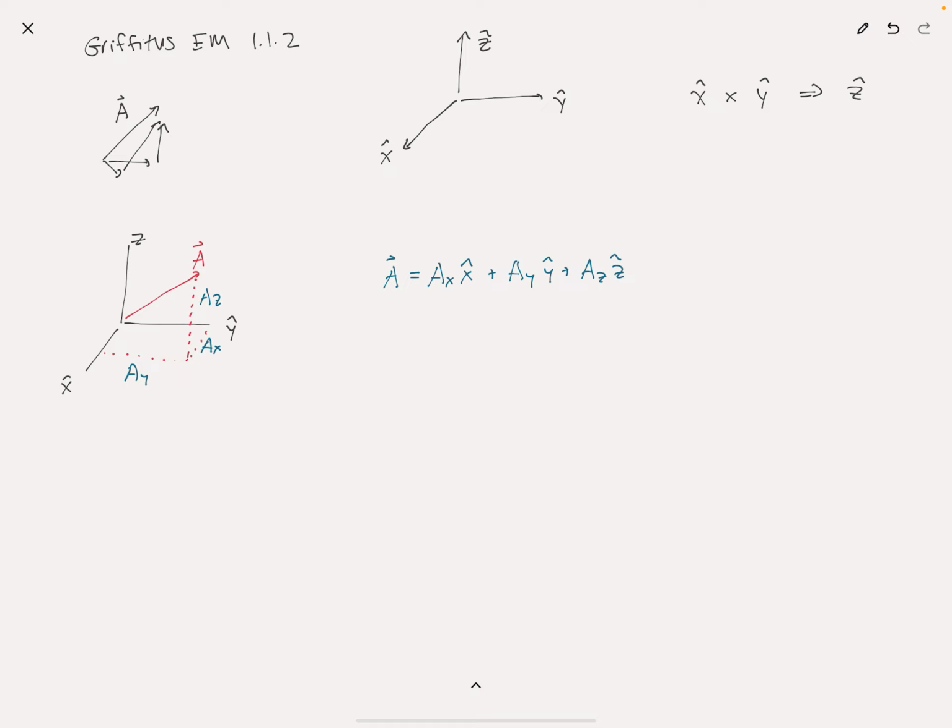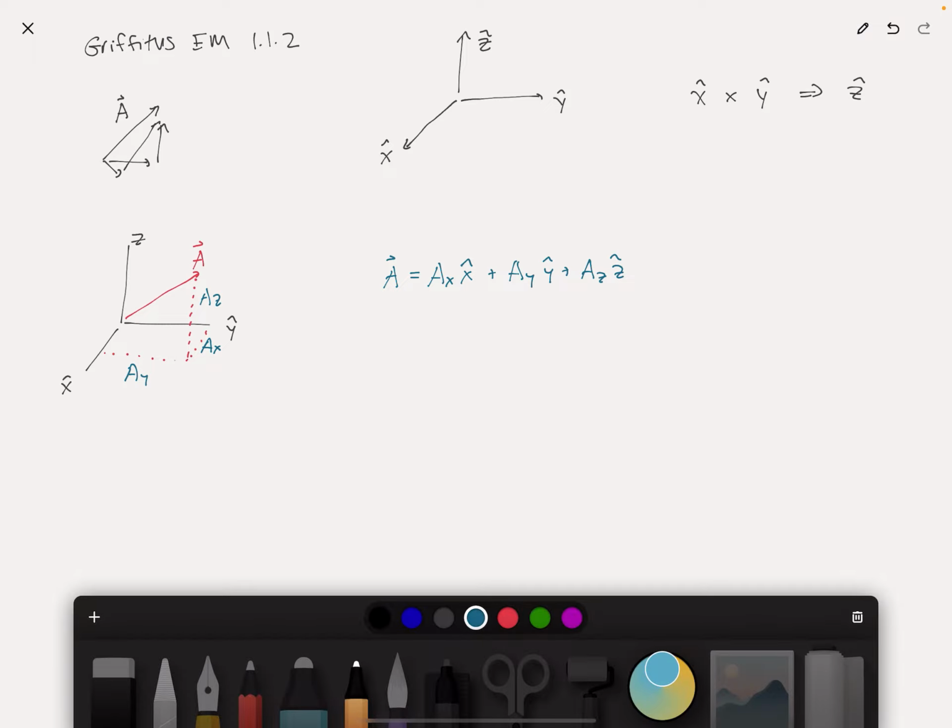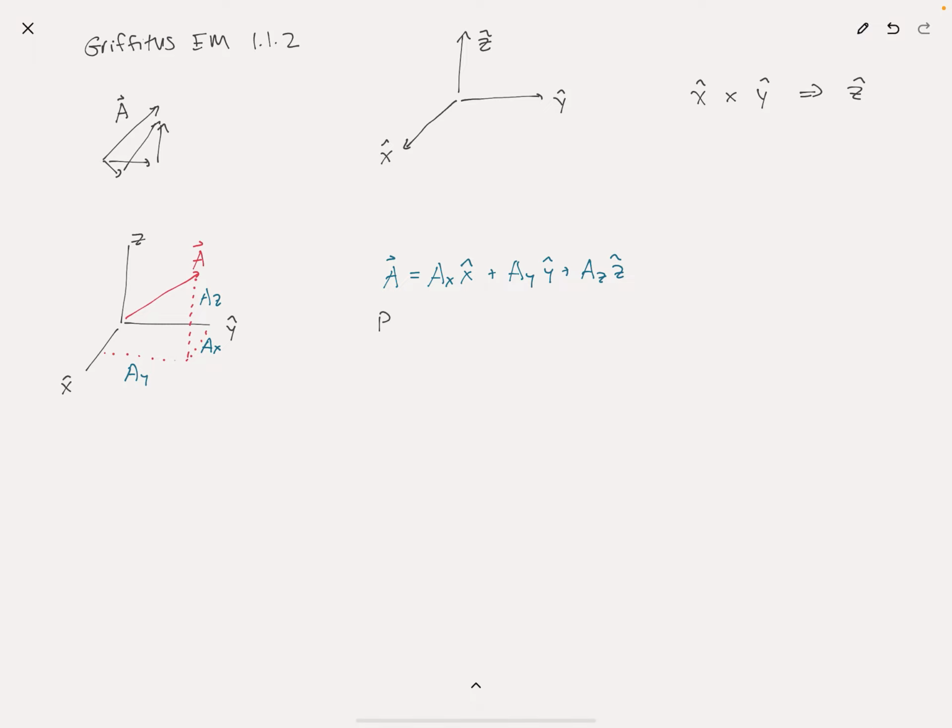I can now manipulate this vector like I did previously, but looking at the components individually. All right. So I said previously that I can add two vectors, right? So let me go ahead and define some other vector. I won't draw it, but it will be some amount in the x hat direction plus some amount in the y hat direction plus some amount in the z hat direction.